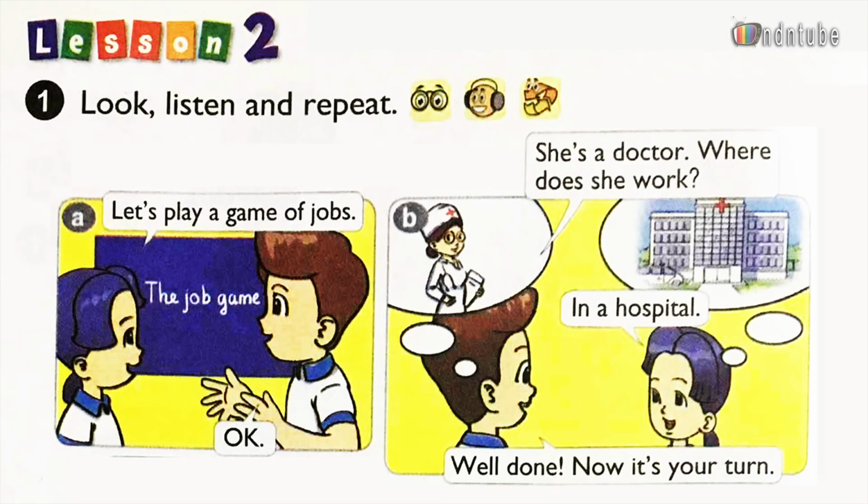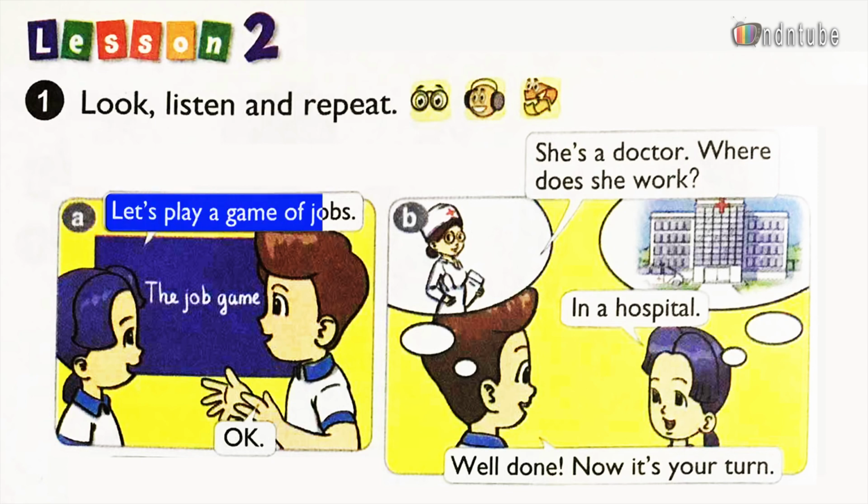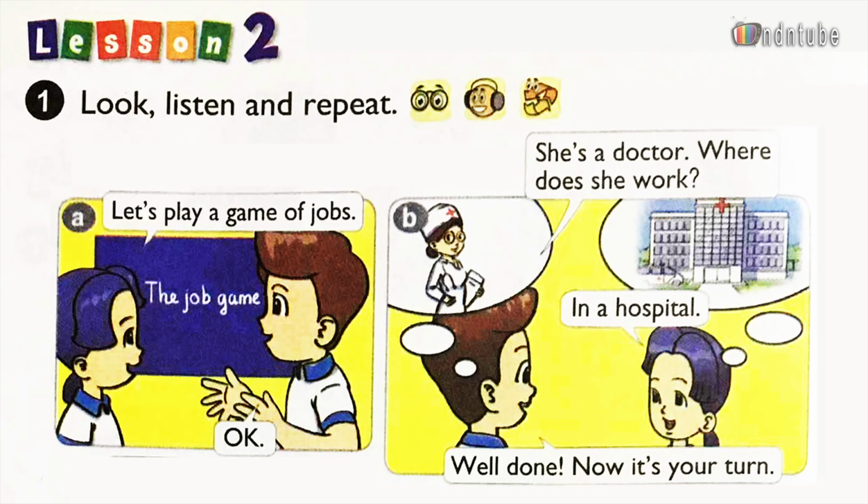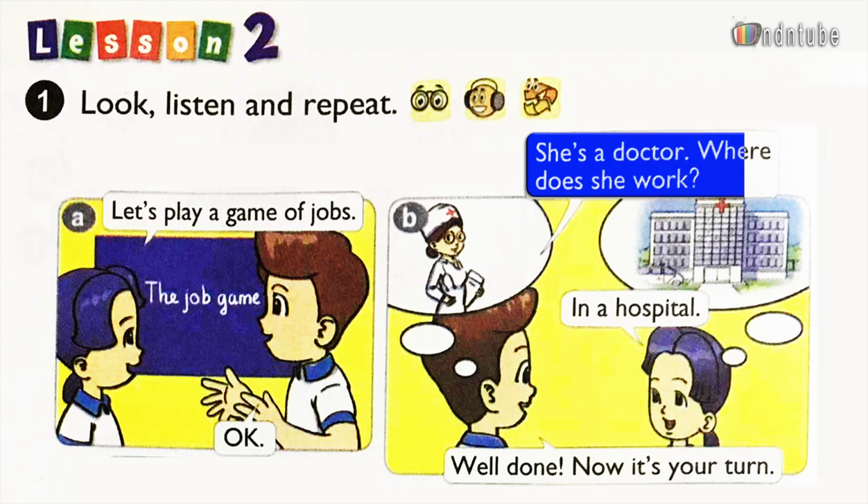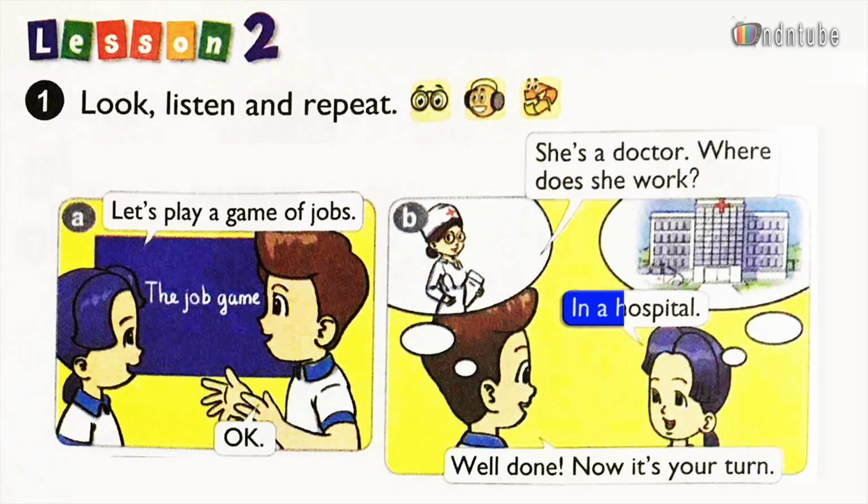Page 14. Lesson 2. Activity 1. Look, listen and repeat. A. Let's play a game of jobs. OK. B. She's a doctor. Where does she work? In a hospital. Well done.